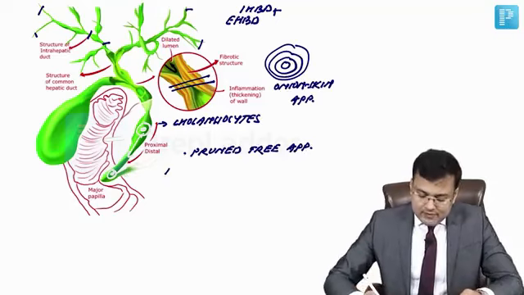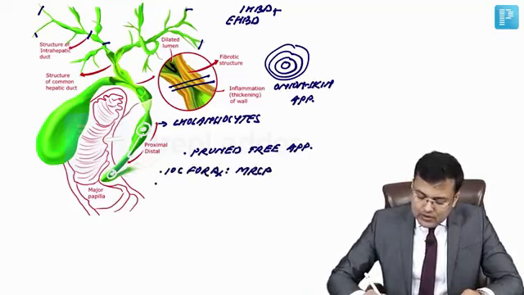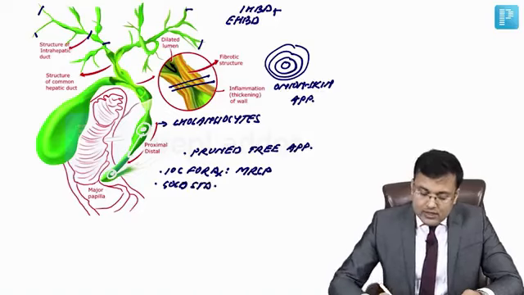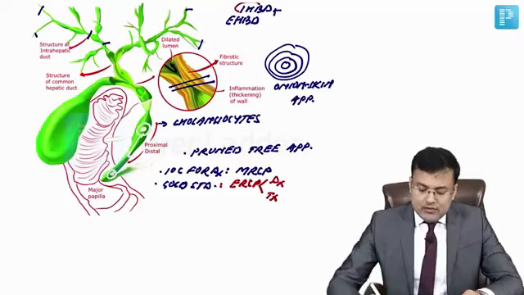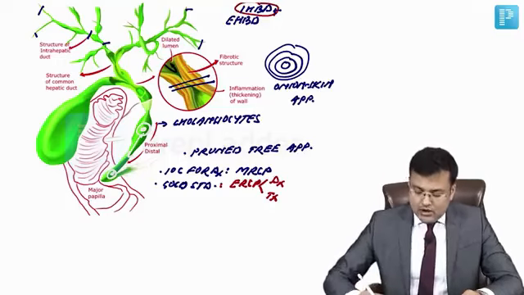What is the investigation of choice for diagnosis? You know that MRCP, and the gold standard investigation, which is both diagnostic and therapeutic, is ERCP. And since there is involvement of the intrahepatic bile duct, obviously what is the treatment of choice?